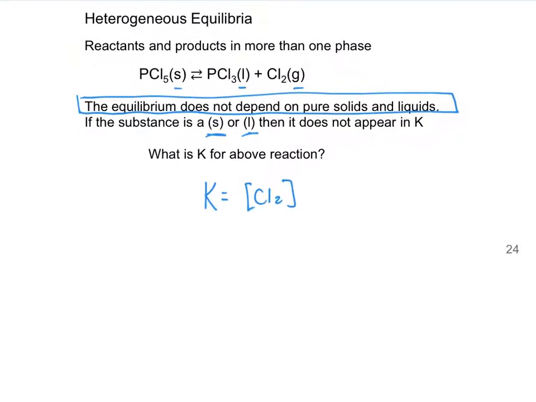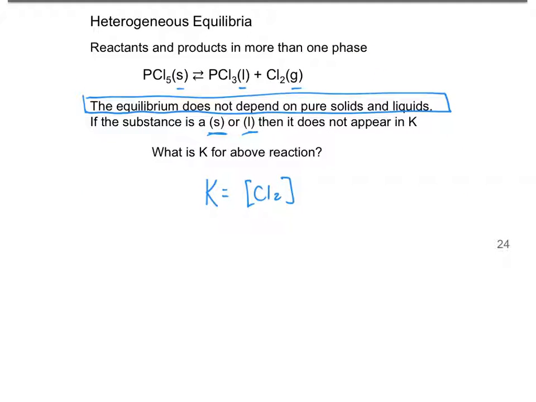All right, another example is 2H2O. We're going to see this in a slightly different way. When water is a liquid, in this case, it can be in equilibrium with 2H2 gas and O2 gas.